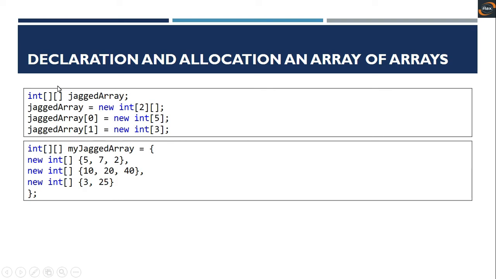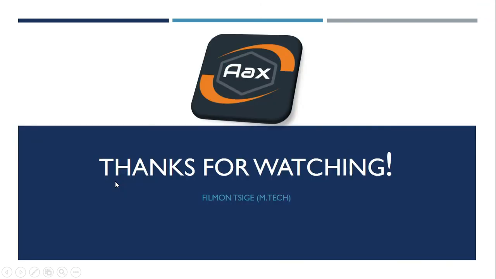This is how we can initialize jagged arrays. This is the way of declaration and allocation of memory and so on. So we can instantiate explicitly. Each row can have its own array with different lengths. For example, this has 3, this has 3, this has 4.